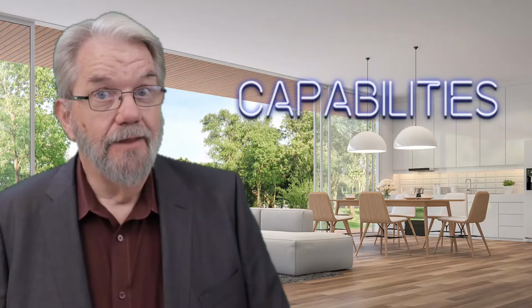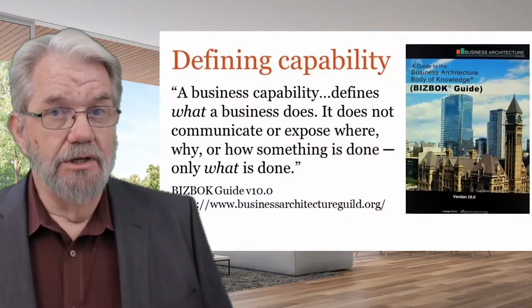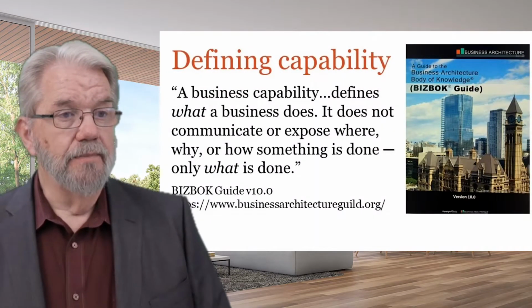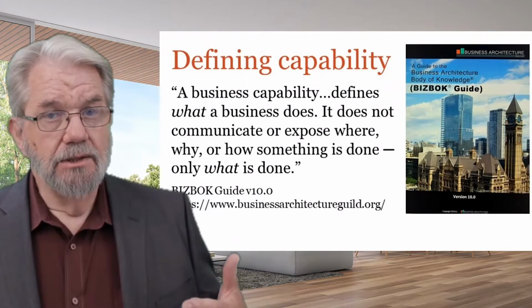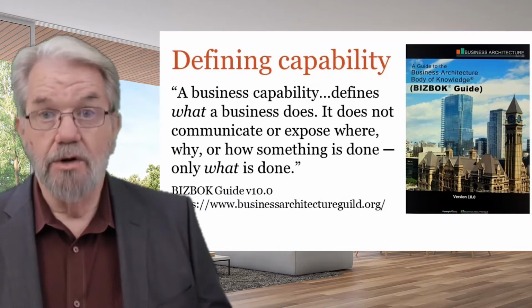So let's talk about capabilities, and I doubt that's been mentioned in this context anywhere on any of the other videos, because it's not something I've found a great need for, to be honest. Let's have a look at some definitions of capability. BIZBOK would say that the business capability defines what a business does.